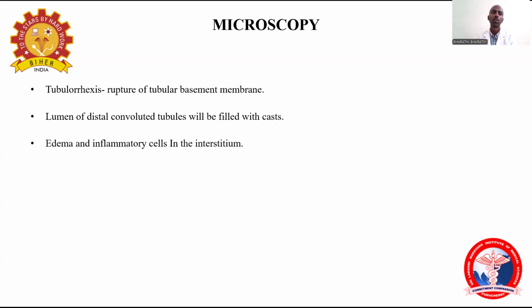The lumen of the distal tubules will be filled with casts. And there will be edema and inflammatory cells in the interstitium. We all know why there is edema and inflammatory cells in the interstitium.